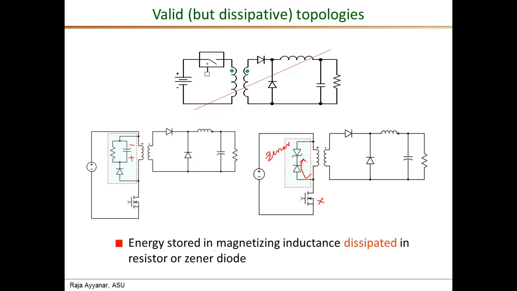So we apply really a negative voltage across the winding. And in the second circuit also, when this diode is conducting, it is a Zener voltage applied as a negative voltage across the winding, and therefore we are not violating the volt-second balance by applying both positive and negative voltages in a given switching period.